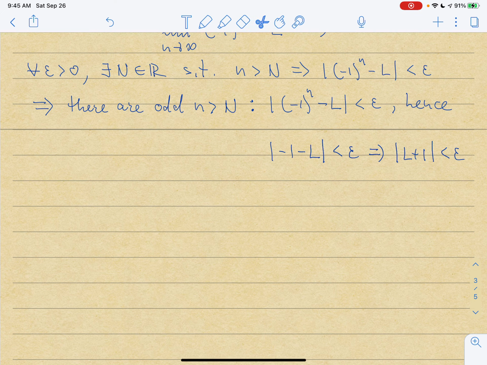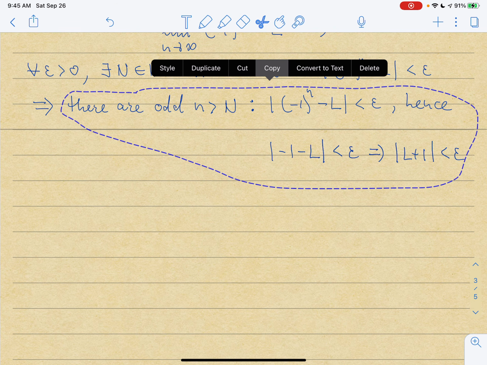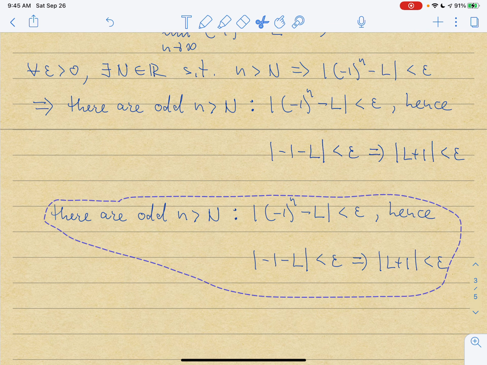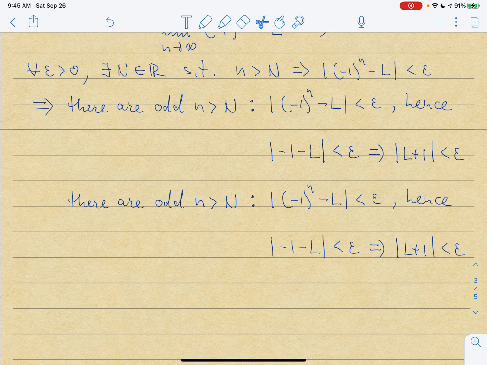Also, in fact, let's copy all of this. And make this first statement part 1. And part 2, if there are odd numbers like that, there are also even numbers like this, right?